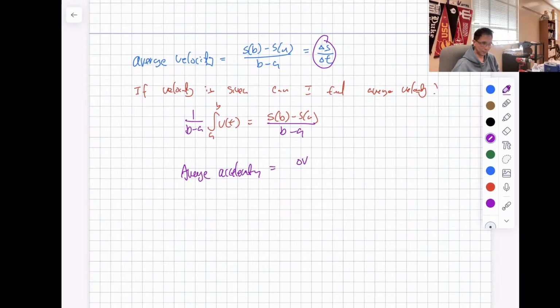There you go. It's change in velocity over change in time, which is v of b minus v of a over b minus a. A lot of people in the beginning thought that was the average velocity. No, that's the average acceleration.